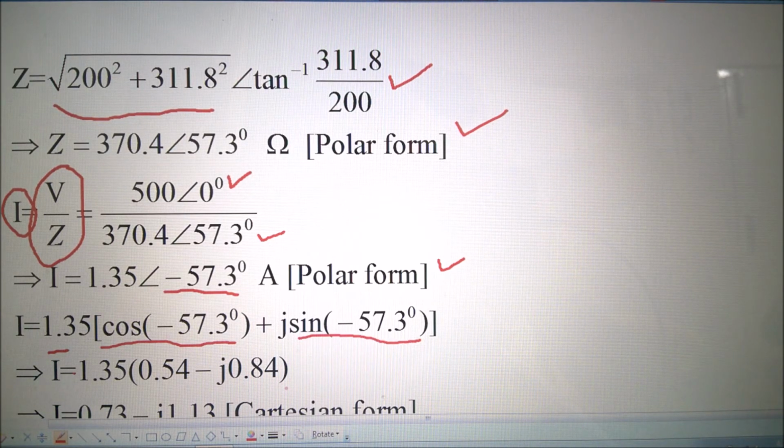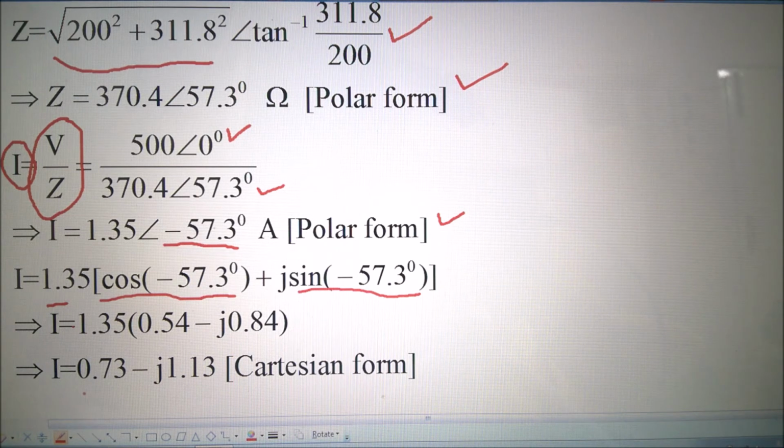And if we calculate, you can see the I is in the Cartesian form, in the rectangular form. Therefore, we can convert from polar form to rectangular form very easily, just like complex numbers. And you can see the I also has a real part and an imaginary part.